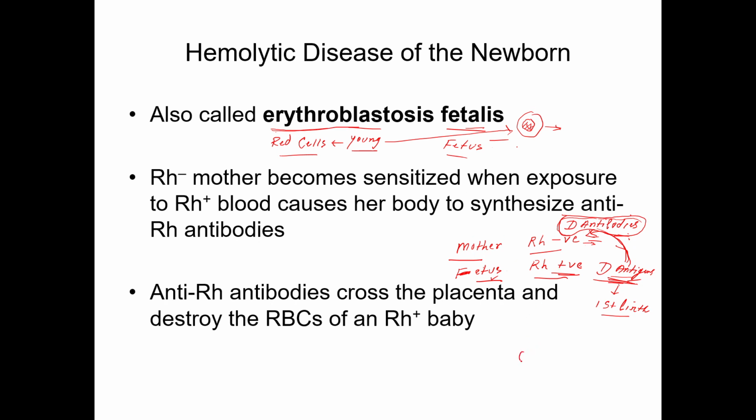So now the fetus red blood cells, since the blood type is positive, whatever positive, it could be AB positive or O positive, on the surface you have D antigens, right? That makes it positive. So this is fetus blood, red blood cells.